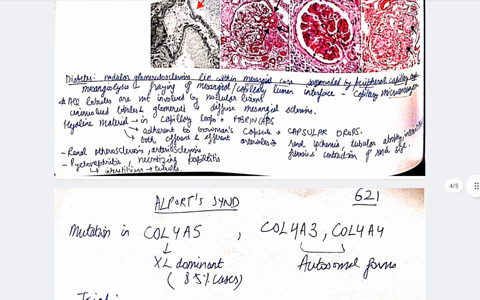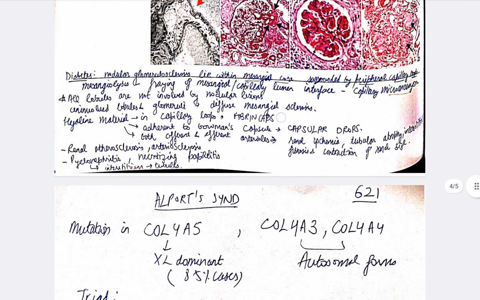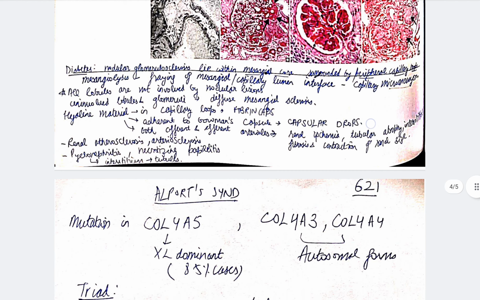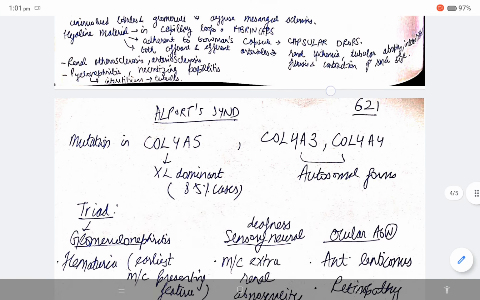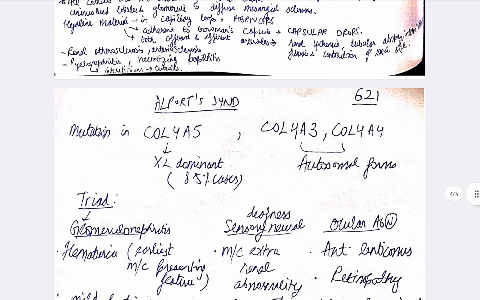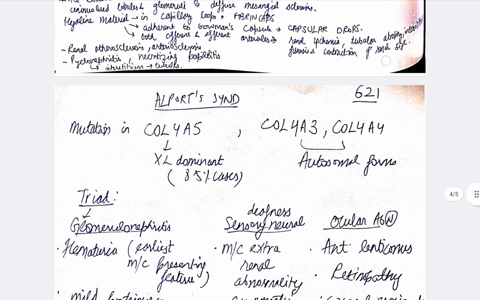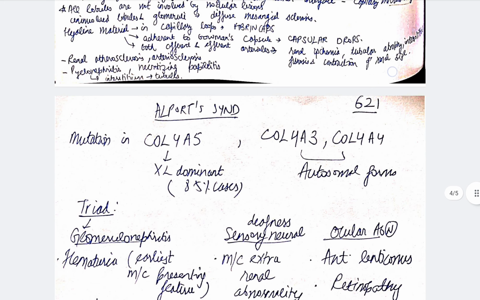And basically, hyaline material is deposited in the capillary loops, then it is called fibrin caps. In the Bowman's capsule region, capsular drops, and both the afferent and efferent arterioles. If the hyaline material is deposited in arteries, then it leads to renal ischemia, tubular atrophy, interstitial fibrosis, and contraction. Basically, blood supply to all the region is cut, so contraction and fibrosis occurs.